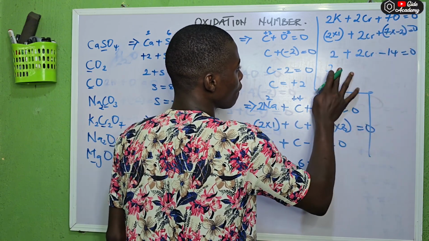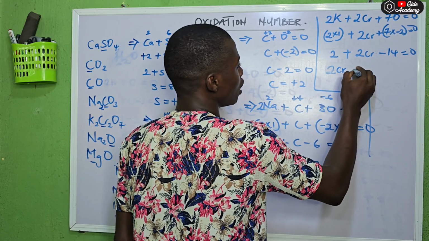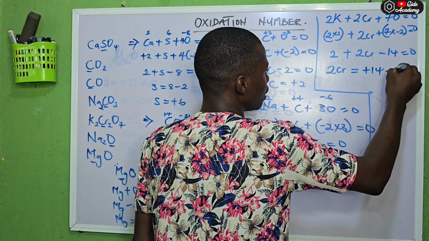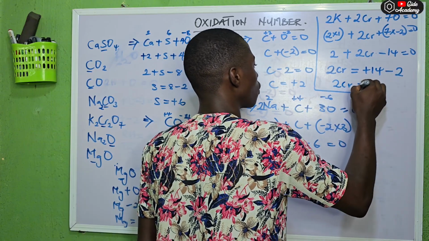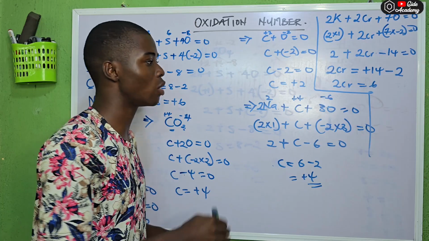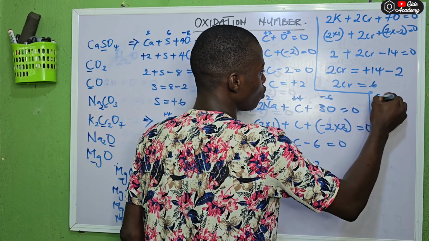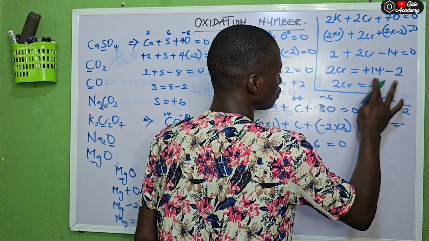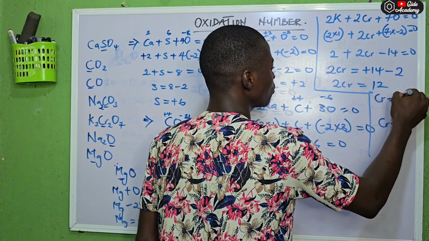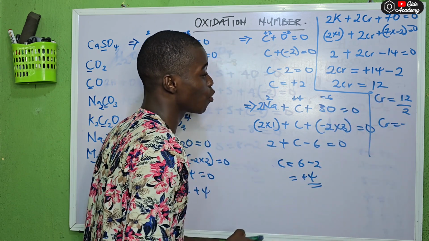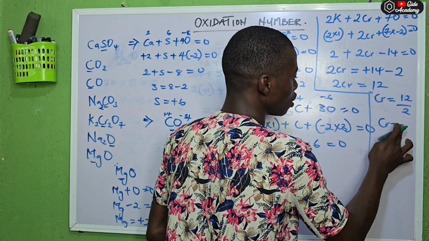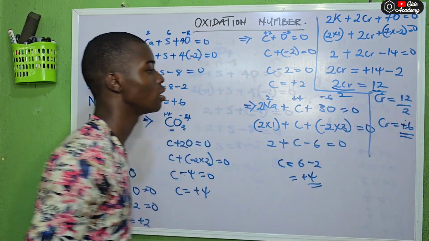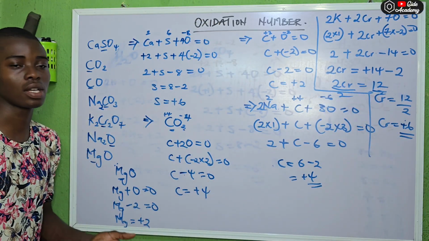So we have 2Cr is equal to plus 14 minus 2. So 2Cr is equal to what? 12. We are not looking for 2Cr, we are looking for Cr. So chromium is equal to 12 divided by 2. That will give us plus 6. Just divide both sides by 2 and you are going to get plus 6 as your answer.